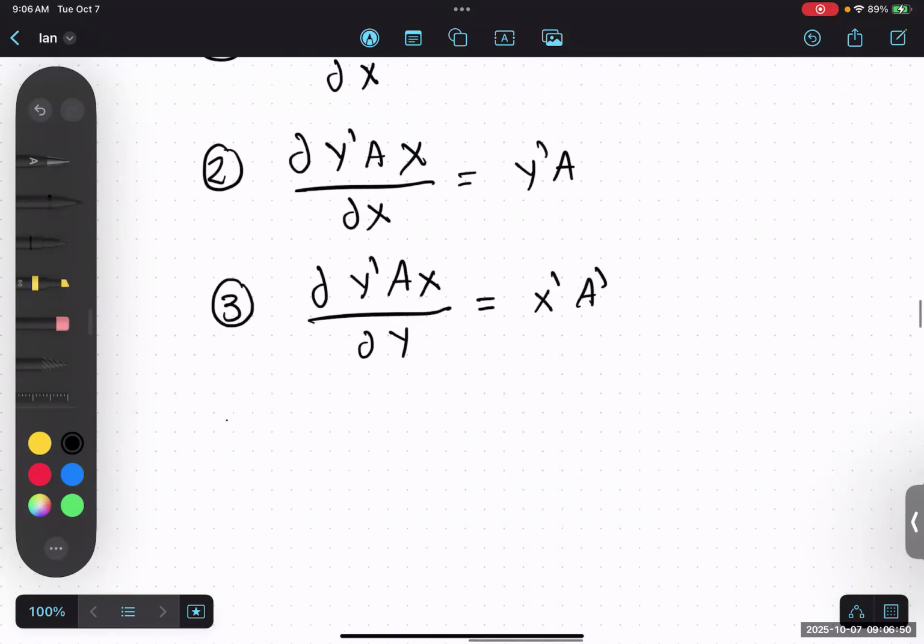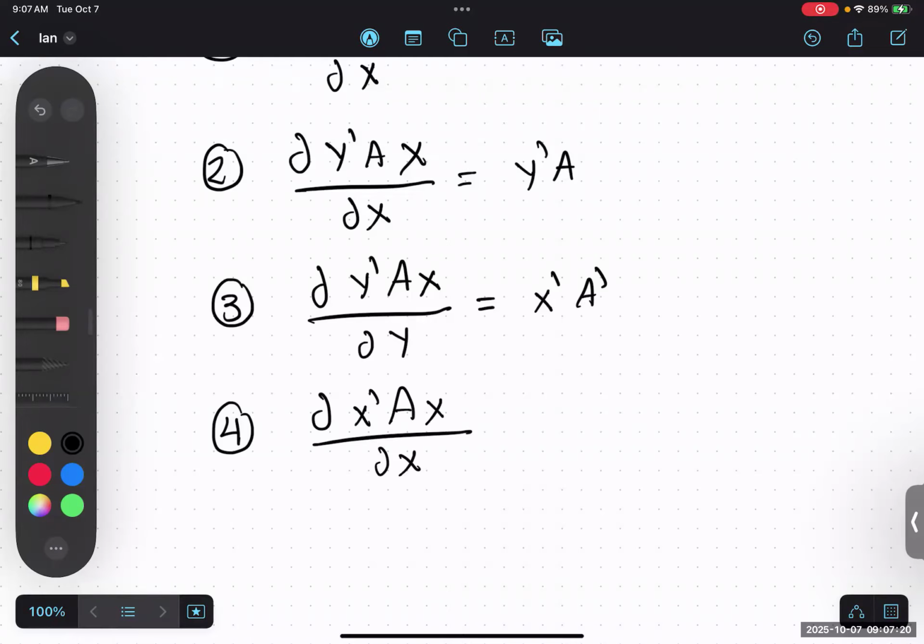The fourth property is also something that you will use when you learn multivariate regression models. And this is the derivative of x transpose A x with respect to x. So this is analogous to the case when we have the derivative of a constant multiplying x squared.